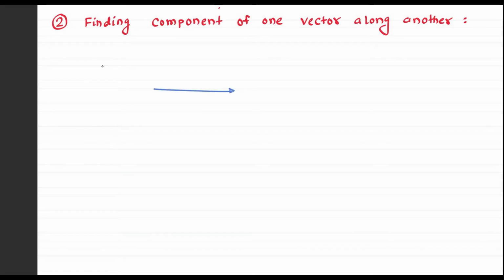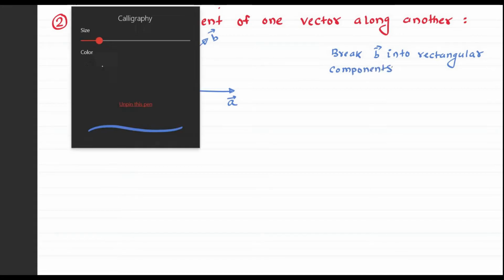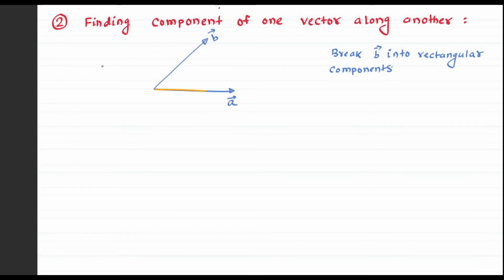For example, okay, now if I break into rectangular components, break B into rectangular components, I can say it will be like this.